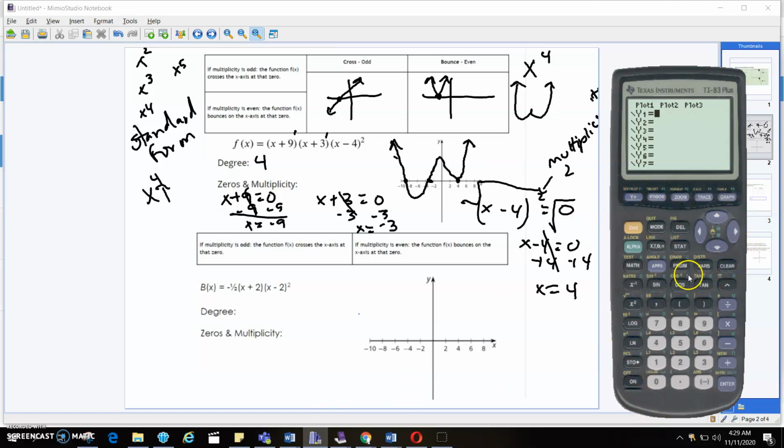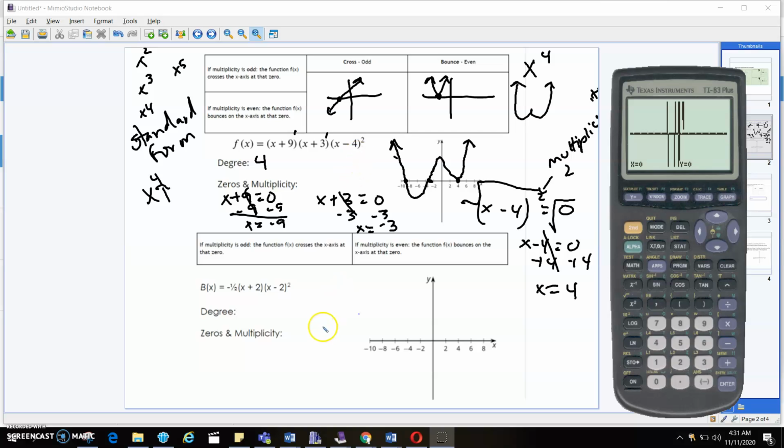But there's going to be a point in time where you're not going to have your calculator and you're going to have to draw this yourself. Okay? So this would look like this, and we can zoom out because you're not going to see it otherwise.